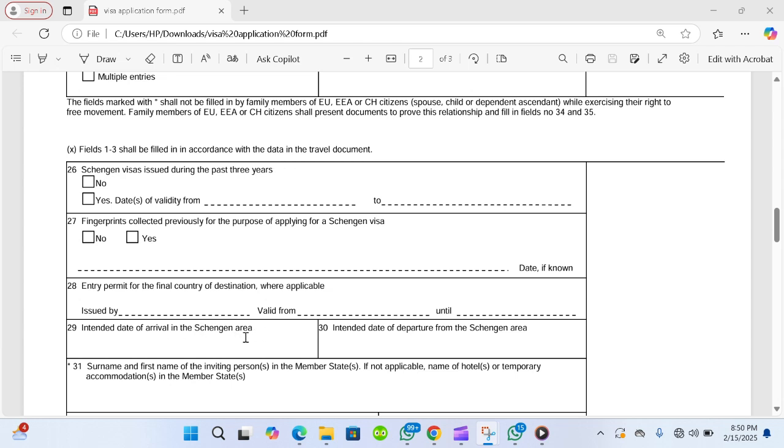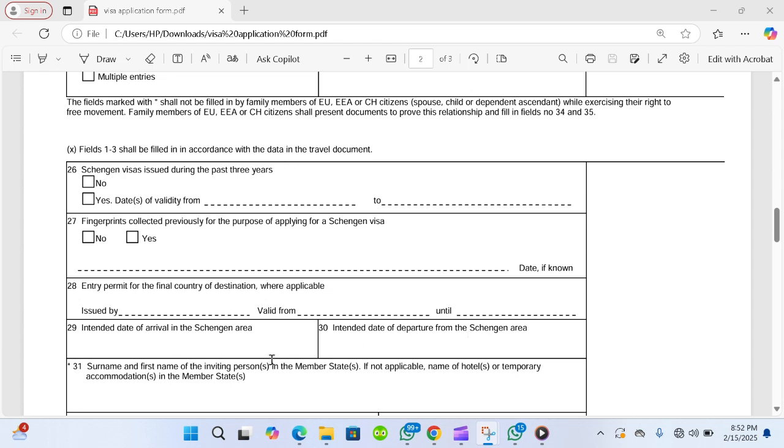Here you're meant to write the date you plan to arrive in the Schengen area. So if you're going to Portugal, you write the date you plan to arrive in Portugal or your country of destination, and make sure it is the same as the one on your flight reservation. Number 30, intended date of departure from the Schengen area. Here write the date you'd finish your program.